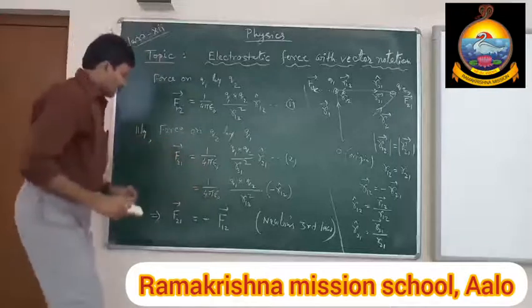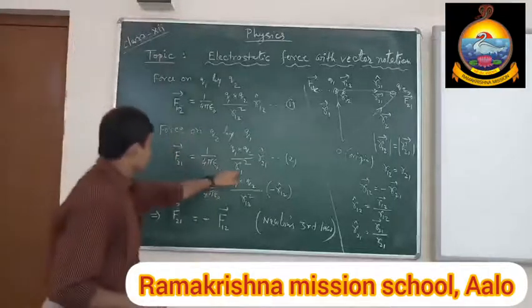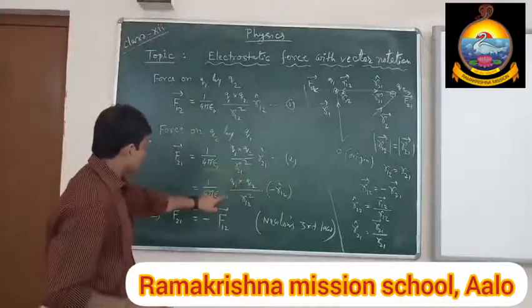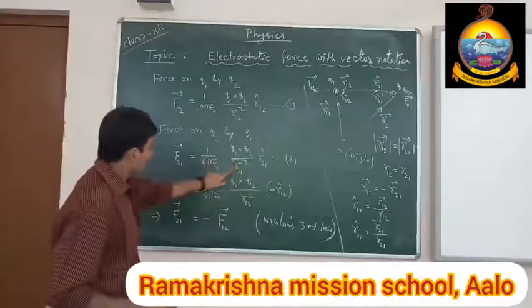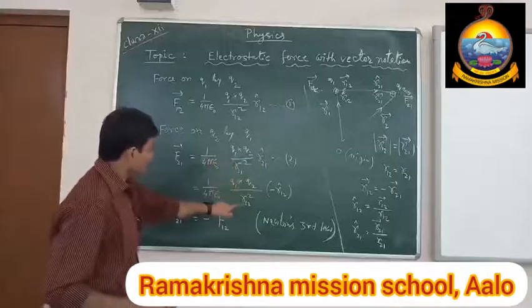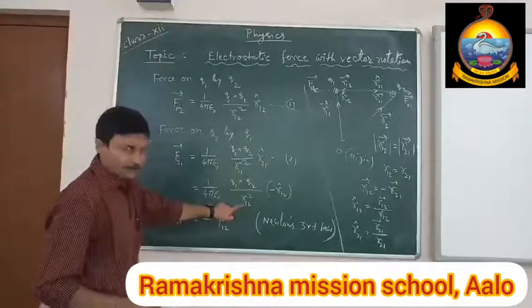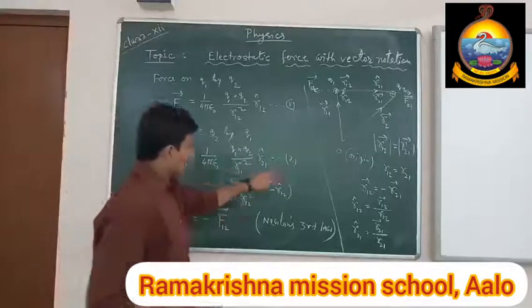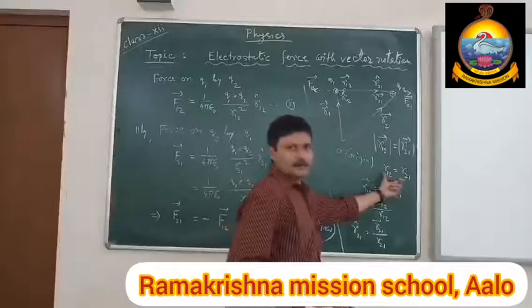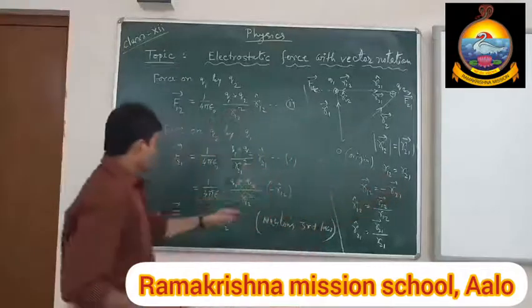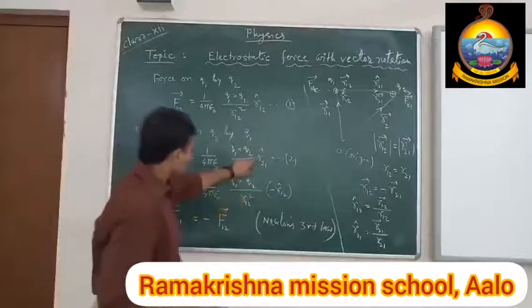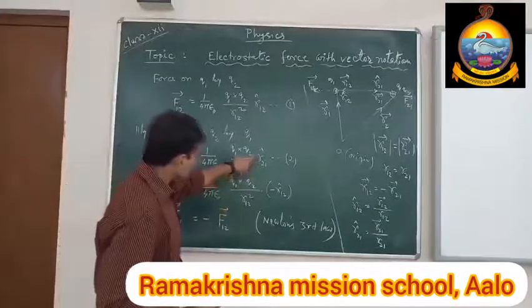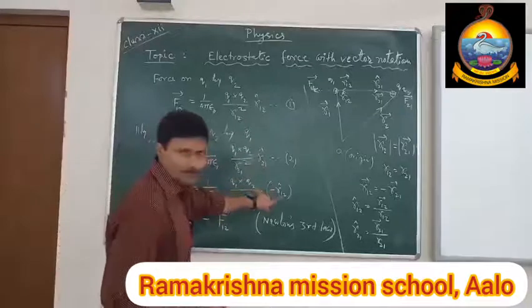See here, from this second expression I have written 1 by 4 pi epsilon naught q1 q2 by r21 square. In place of r21 square I have written r12 square, because r21 and r12 are equal, both the distances are equal. So r21 can be changed to r12, and r21 cap is changed into r12 cap.